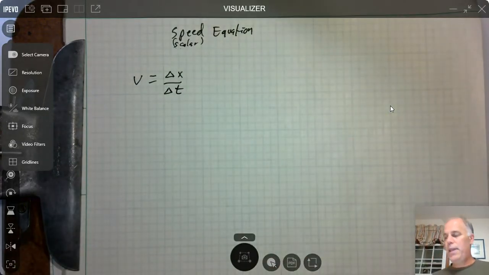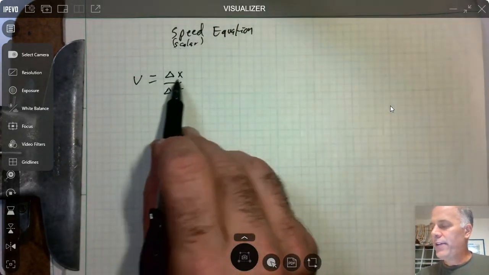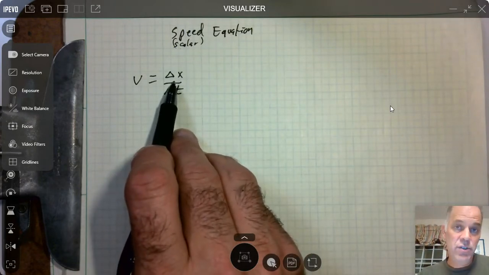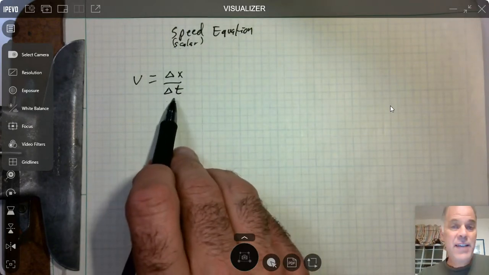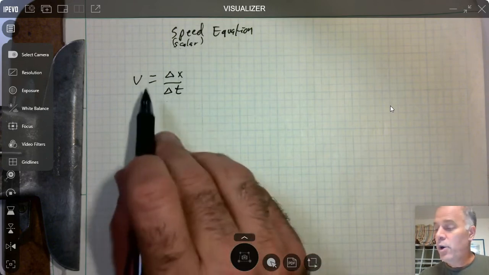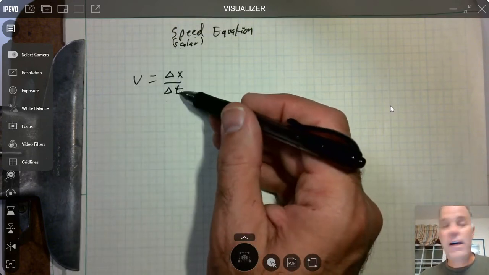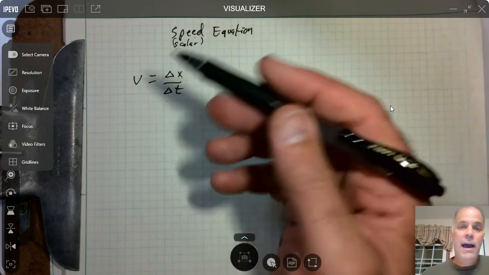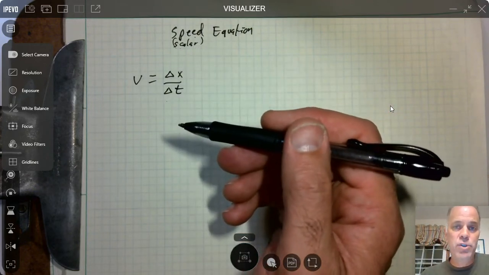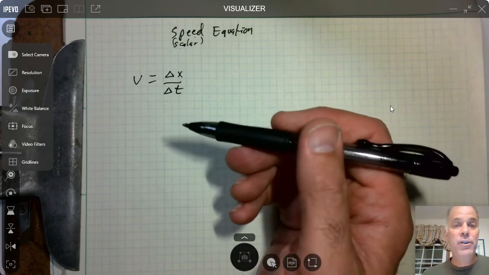All right, what does this mean? Okay, delta x, that's a change in position. That's a unit of distance. And delta t, that's a time. It's a unit of time. So any speed that we describe is always some unit of distance divided by some unit of time. How fast was your car going when you drove to school this morning? Well, probably 30 miles per hour.